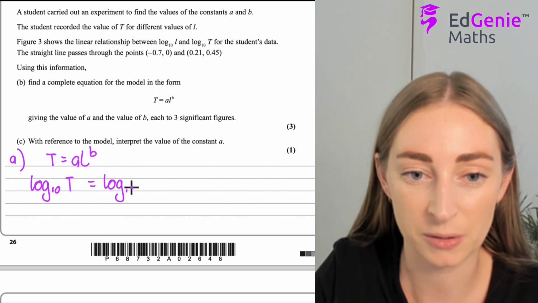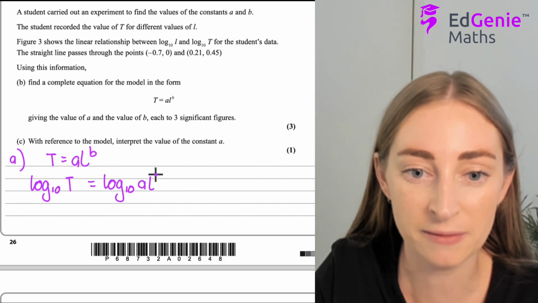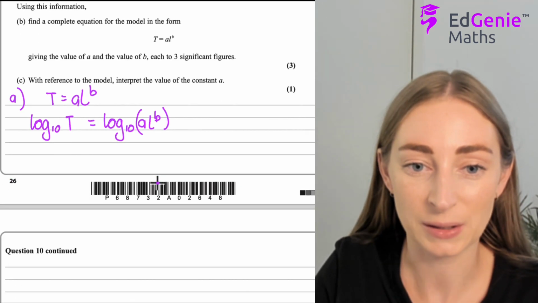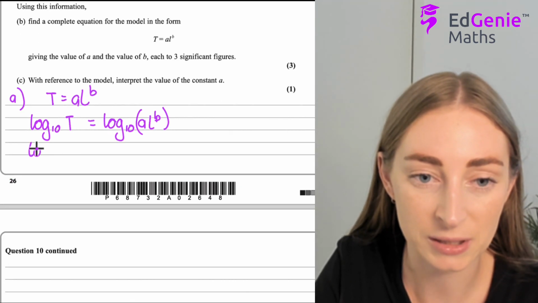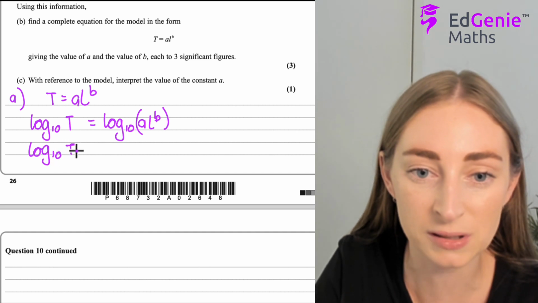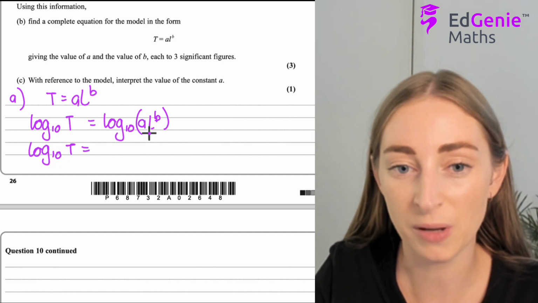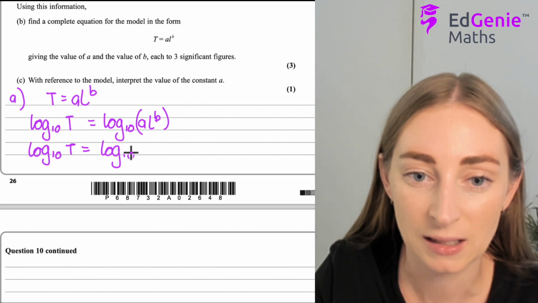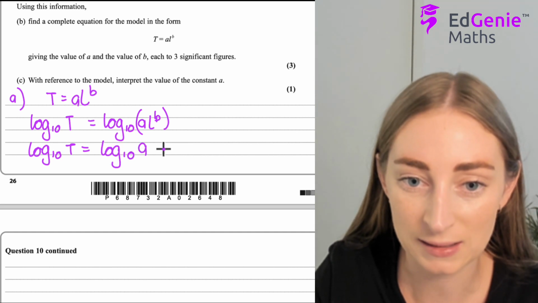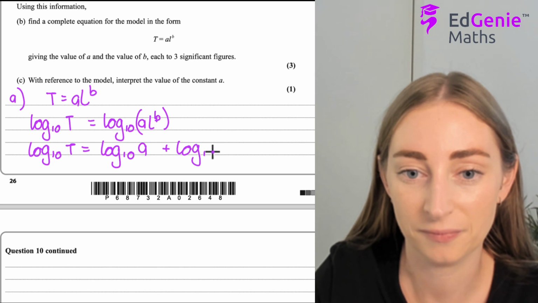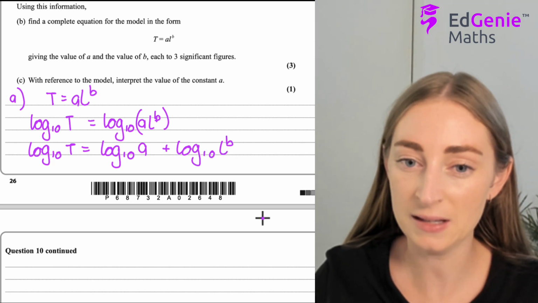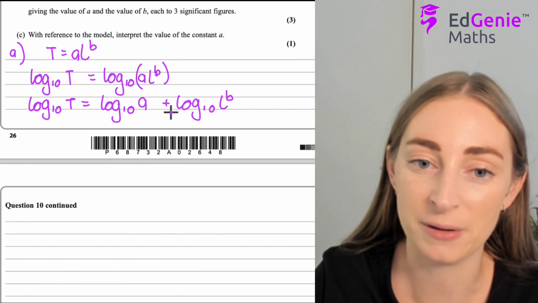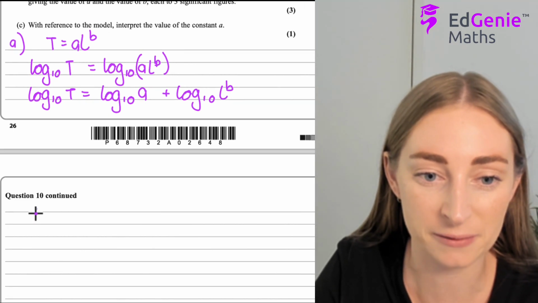And because it's a show that question, I am literally going to show every single step. So I can rewrite this, let me show you, using our log rules. Because it's A multiplied by L to the power of B, that's the same as log A plus log L to the power of B. And then when you've got a power in the log, you can put that power in front of the log.